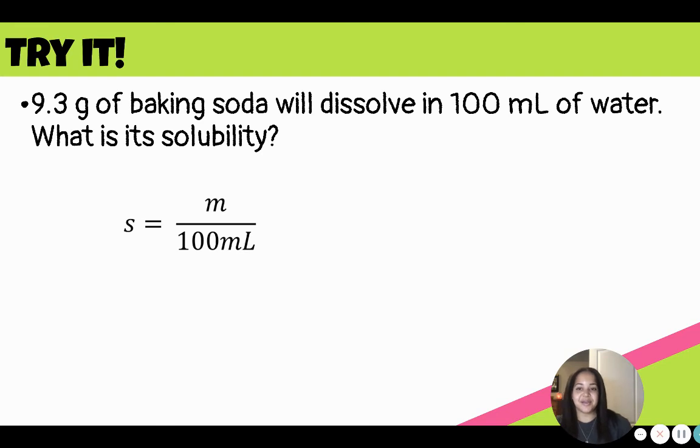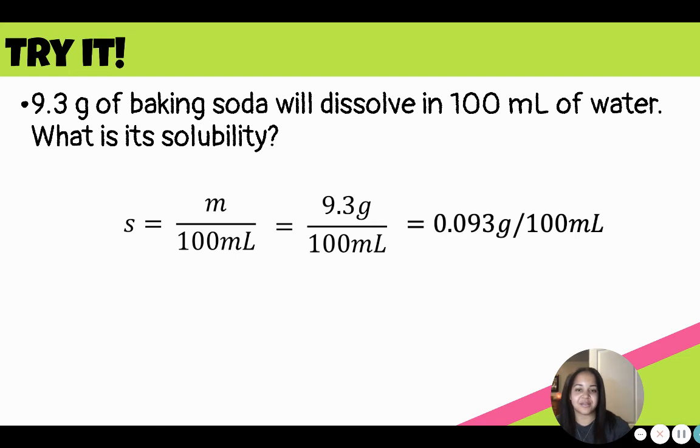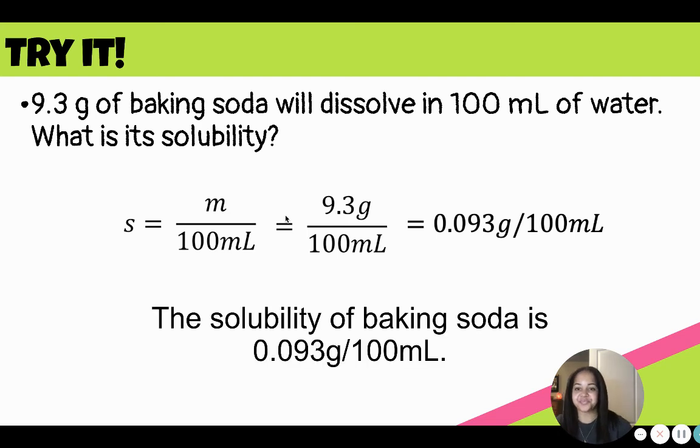So remember, solubility equals M over 100 milliliters, which is the mass, 9.3 grams divided by 100 milliliters, which equals 0.093 grams per 100 milliliters. And it's nice that we have 100 here, so it's simply hopping it over 2 decimal places.